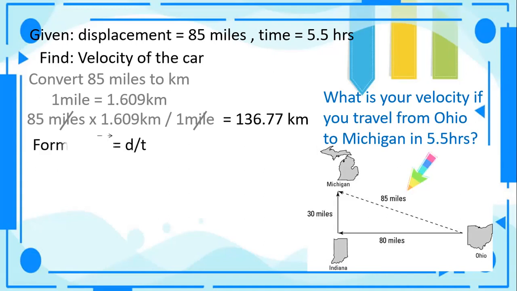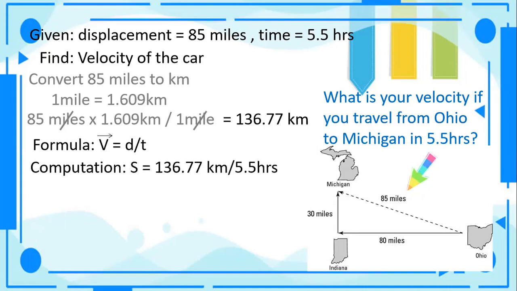Since we already converted the 85 miles to kilometers, we can now proceed to the computation of the car's velocity using the formula velocity equals displacement divided by time. Again, substitute the given, which are 136.77 kilometers as displacement and 5.5 hours as time to the formula. Then divide it.